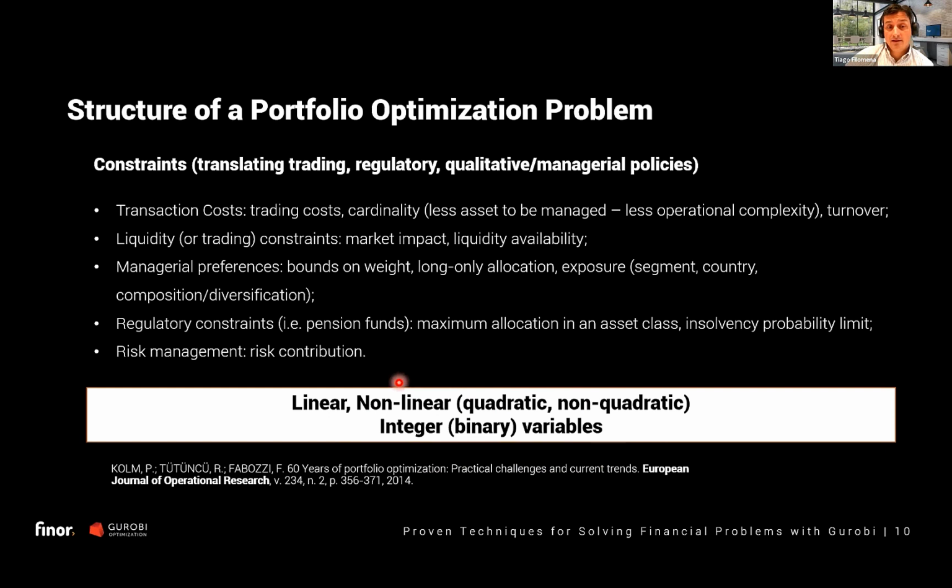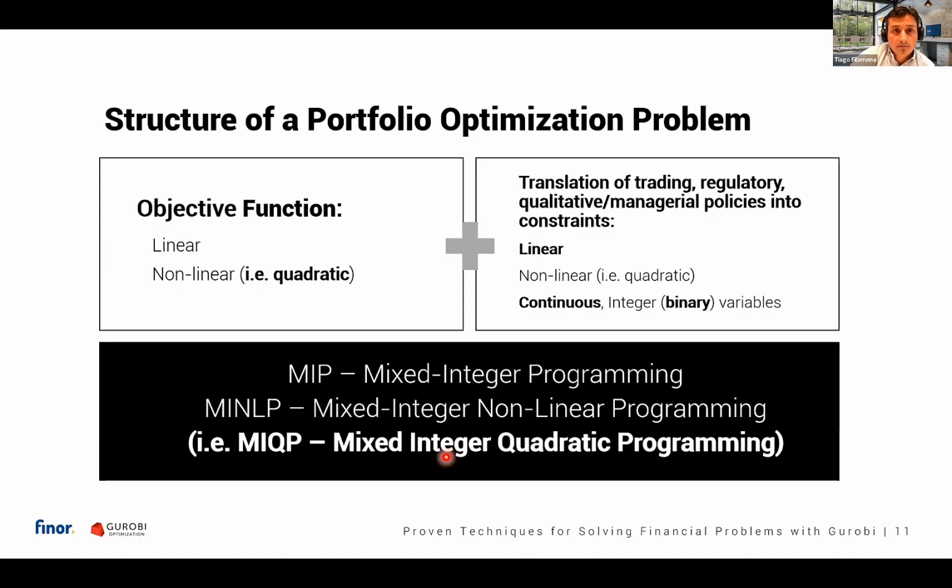And we all know that when we are dealing with integer variables, we'll be dealing with problems that have a higher mathematical complexity than when we are dealing with just continuous variables. If you want to see a little bit more about that, there is a good paper from Kolm, Tütüncü, and Fabozzi, the 2014 paper that talks about it.